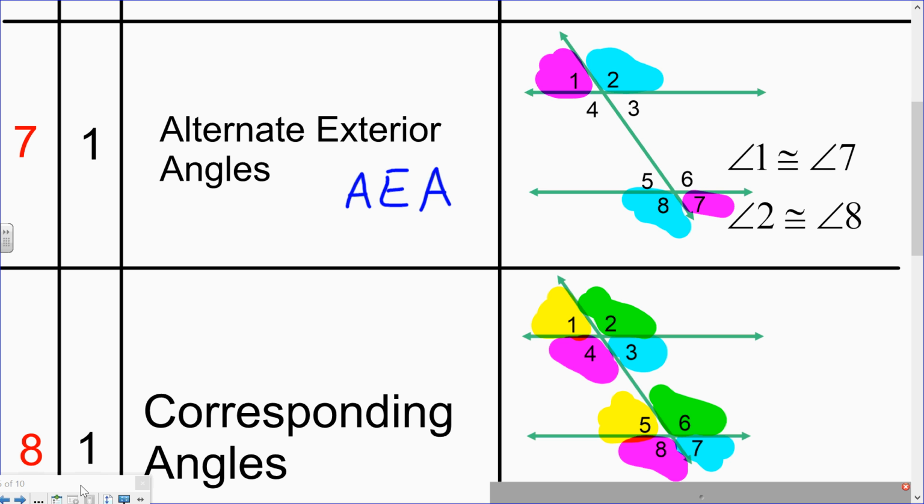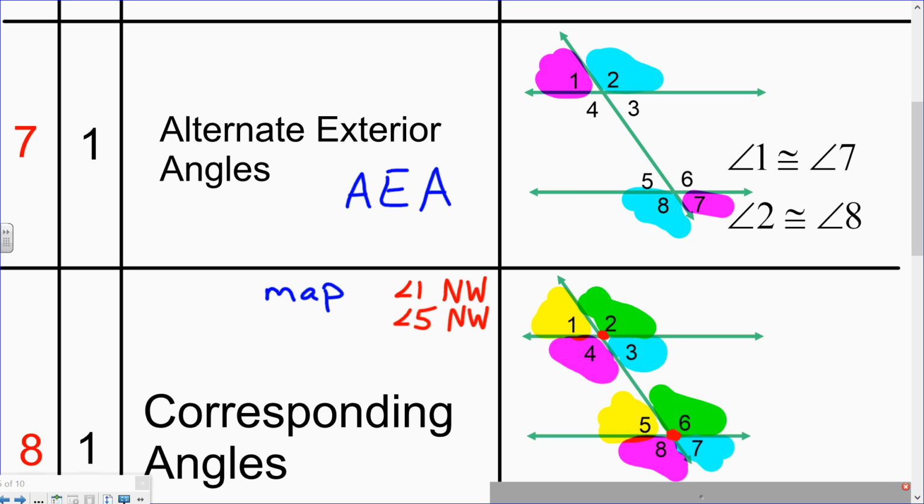And what I do to help me remember corresponding angles is I think of it, well, what if this were a map? And if I had a stoplight right here, angle 1 would be the northwest corner of that intersection where I have that stoplight. And if I came down a little farther down the street and there was another stoplight here, 5 would also be a northwest corner of that intersection. So both northwest corners are corresponding, both southeast corners are corresponding, and so on.